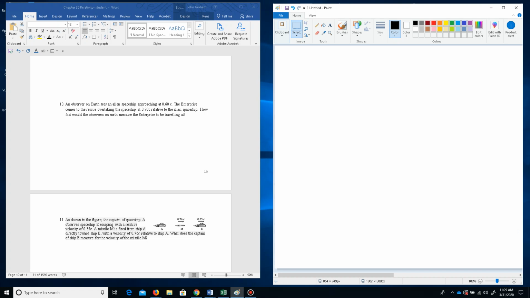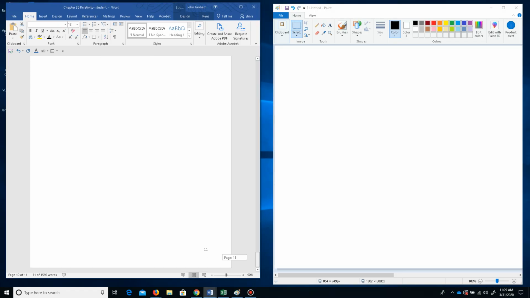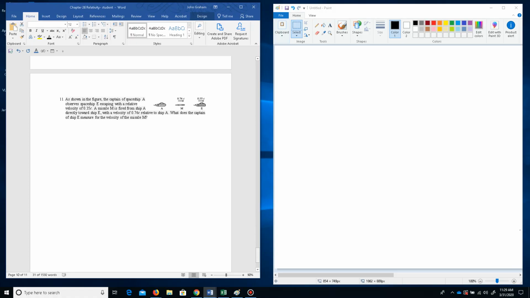Right, the last one in this. So you are shown this figure. The captain of spaceship A observes the spaceship E escaping with a relative velocity of 0.35 c.